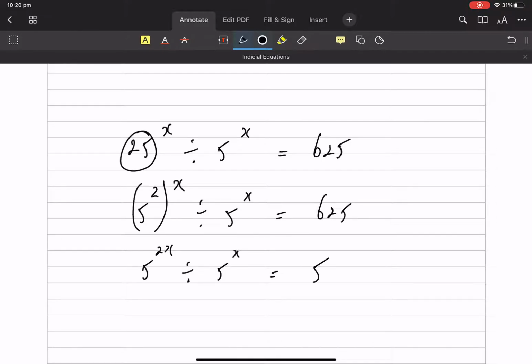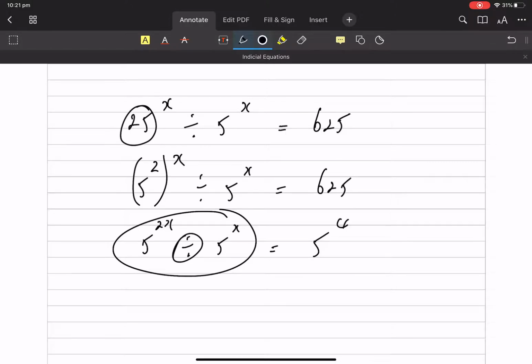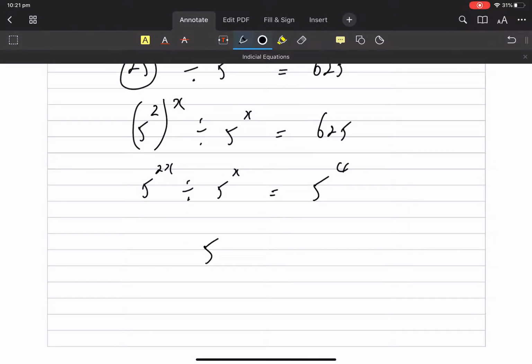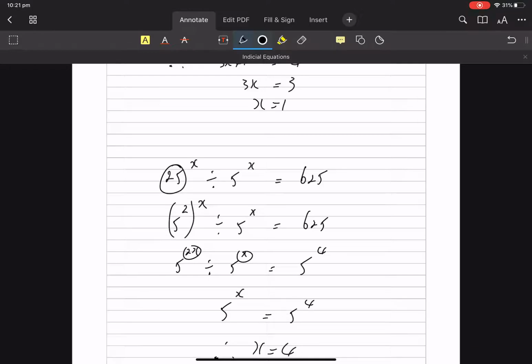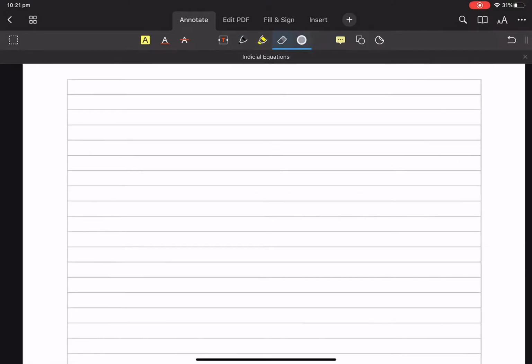What's 625? 5 5s are 25, 3, I think that's 4. So on this side, when we divide like bases, we subtract. What's 2x minus x? Therefore, x equals 4. It's not really all that hard. This is the hardest one on the Indicial Equations worksheet.